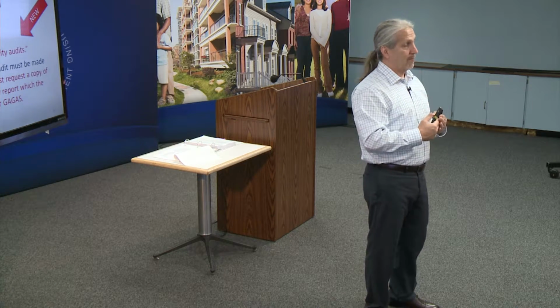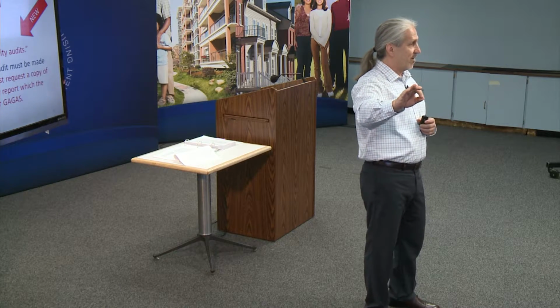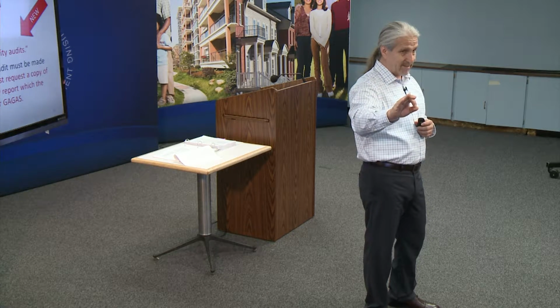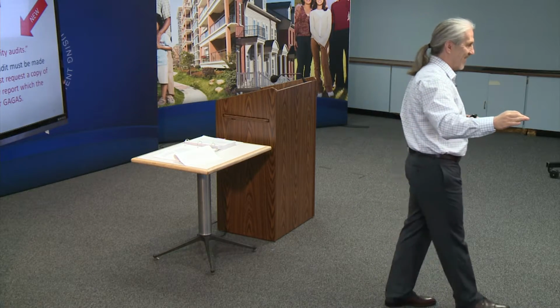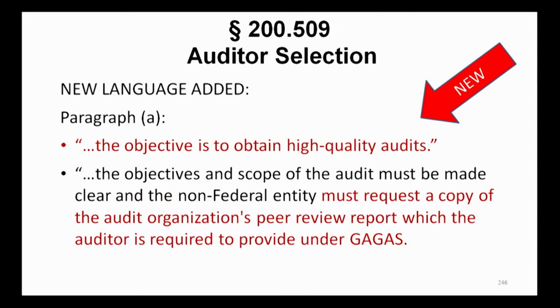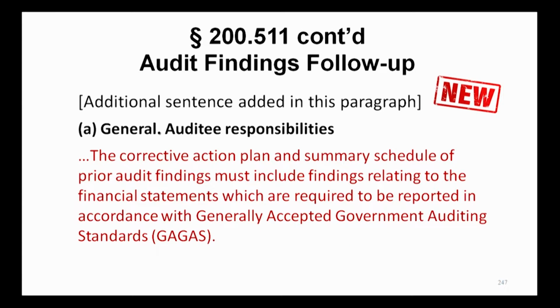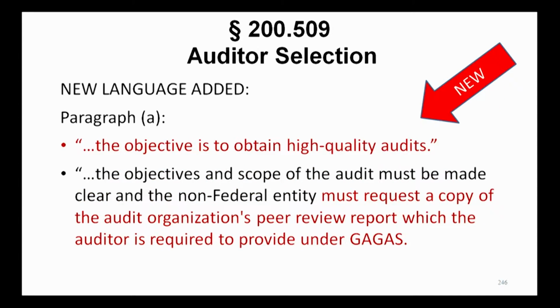So the kicker is here, it says you must request it. It doesn't say you must rely on it. So that's going to be, again, going back to, we all have to make our own judgments about the objective. Going back to the objective is to obtain high quality audits. And just one more point on that.